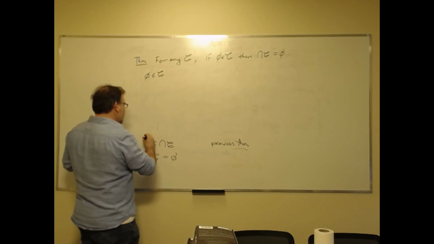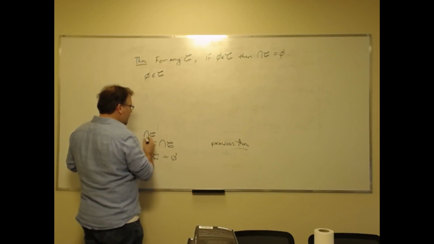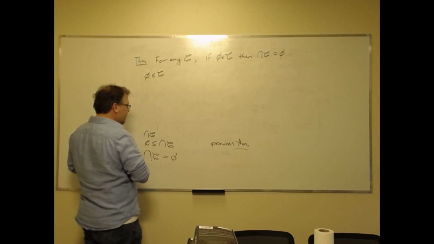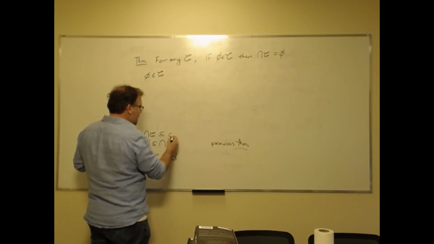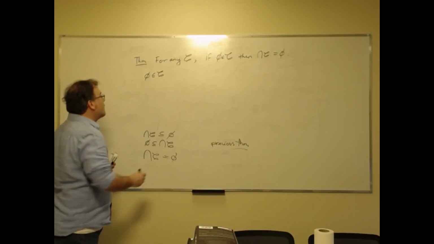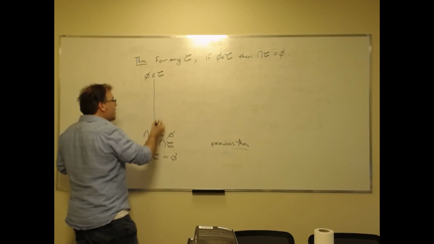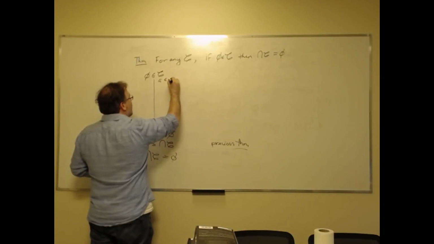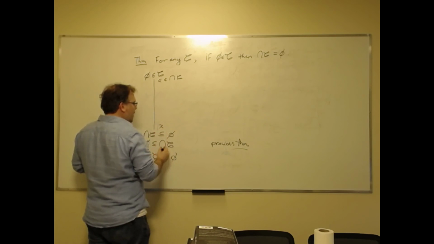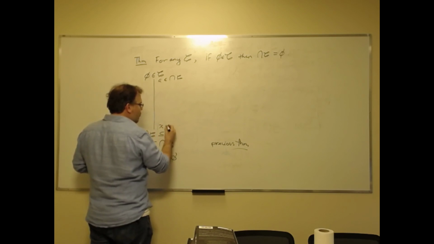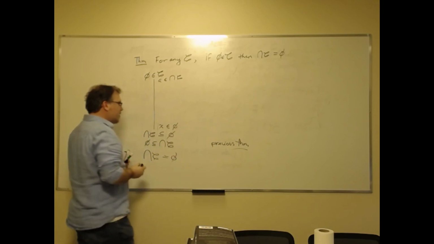So now all we need to do is to show that the intersection of S is a subset of the empty set. So that means we're going to take an arbitrary object A, assume it's in the intersection, and show that it's in the empty set.